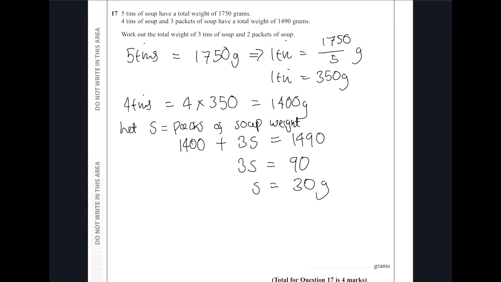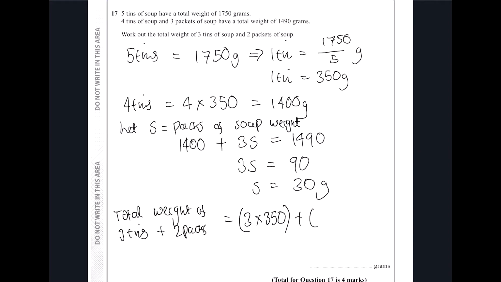Then we can now calculate what we want. So the total weight of 3 tins plus 2 packs would be equal to 3 tins, which is 3 times 350, right? Because each one is 350, and add to that 2 packs, and each one is 30.